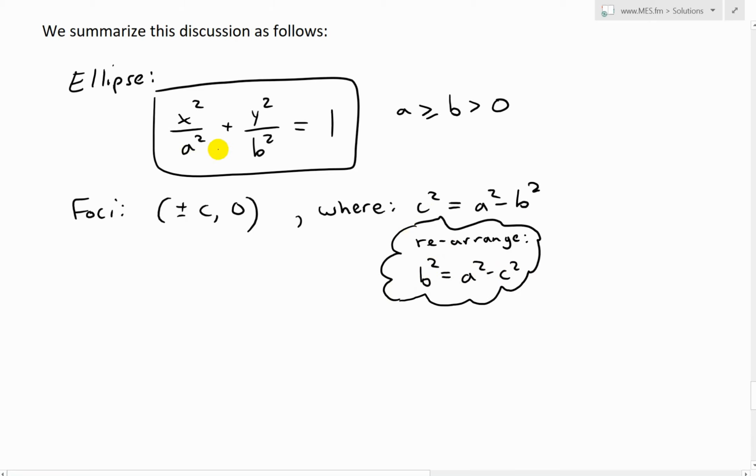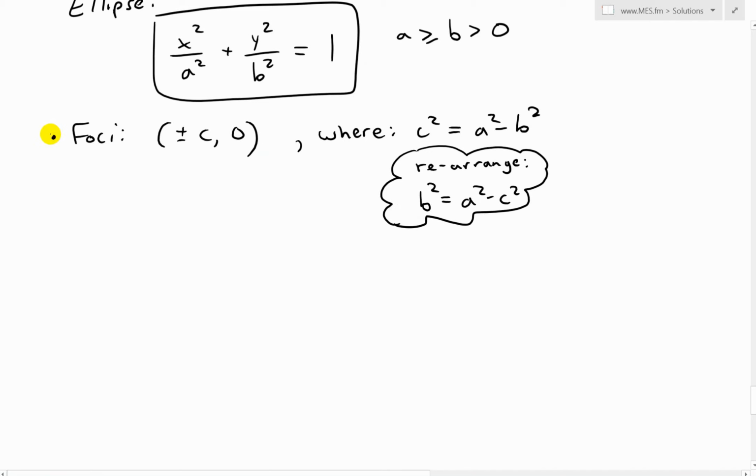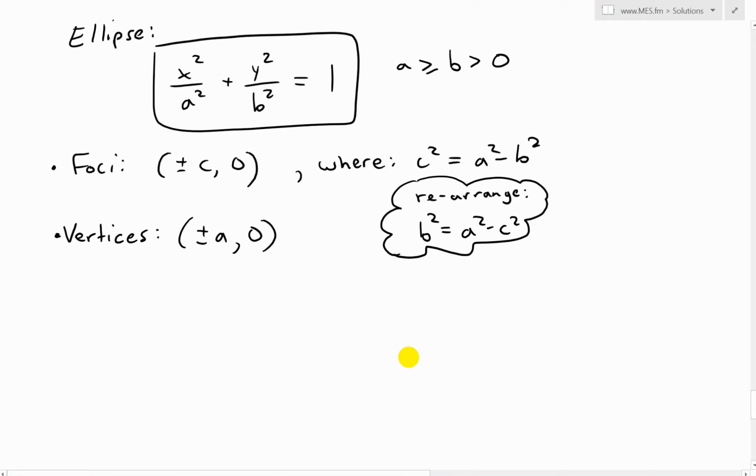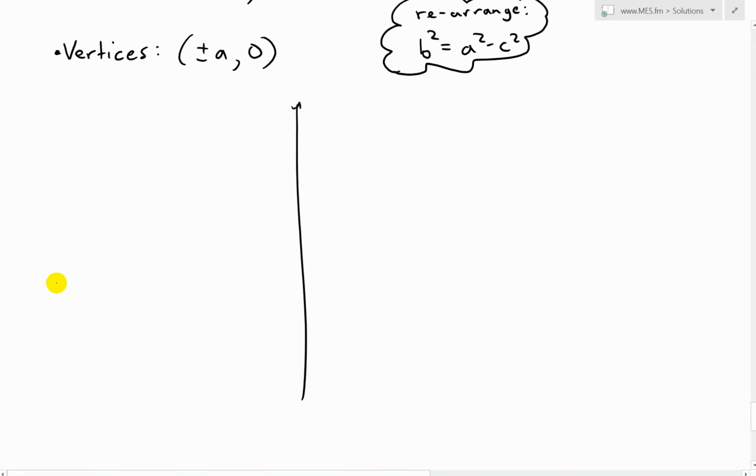And now that's the foci, and then the vertices are going to be on the major axis, at plus or minus a, 0, where a is bigger than b.